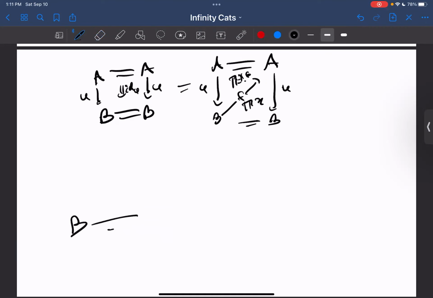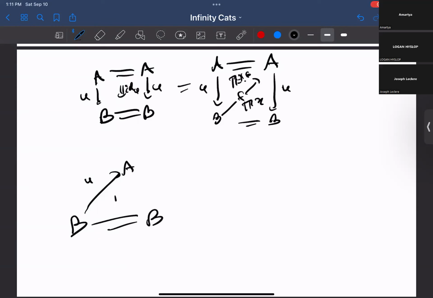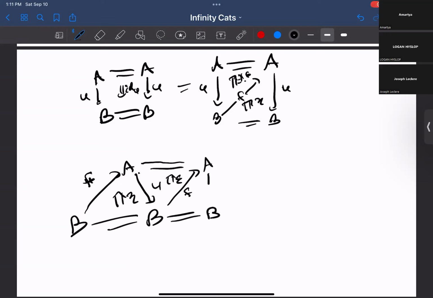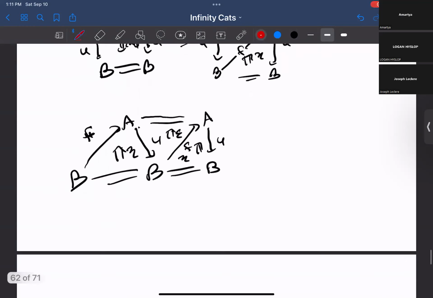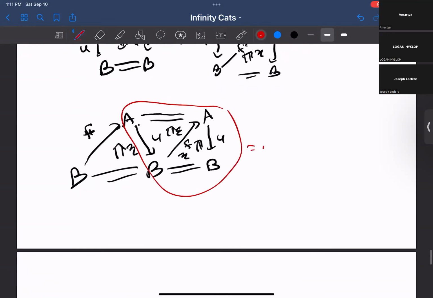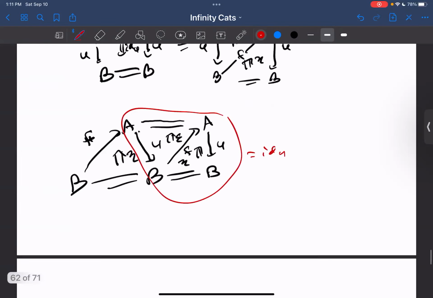Sorry. And we're just going to add this part down here, eta. Now we already know that this part in red is equal to the identity on U from right here.